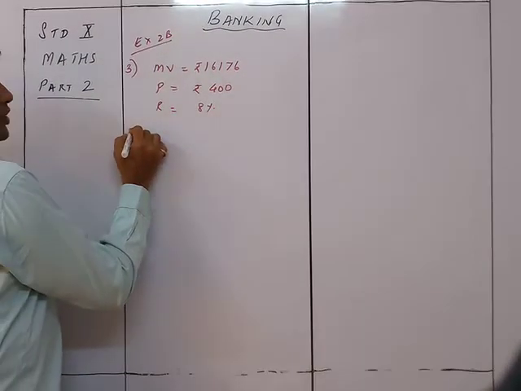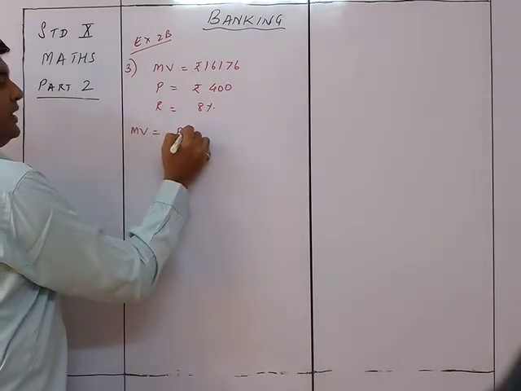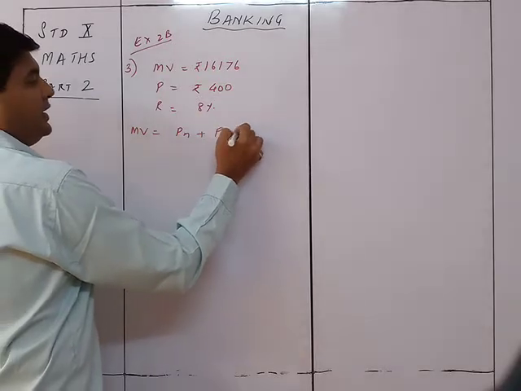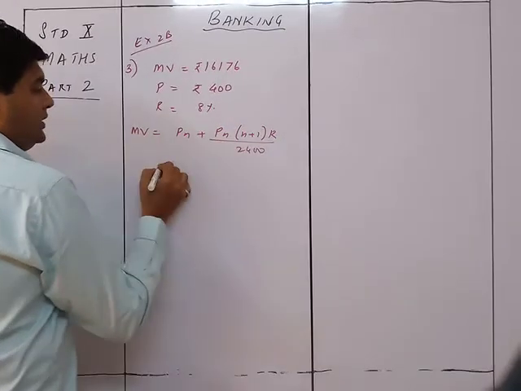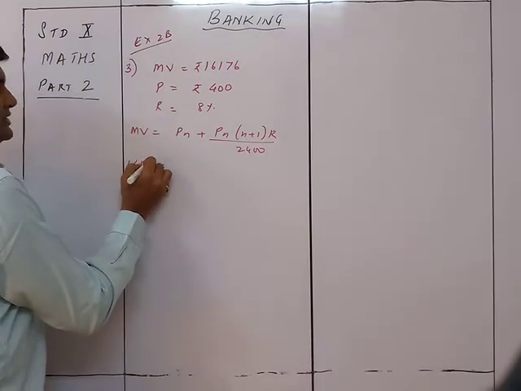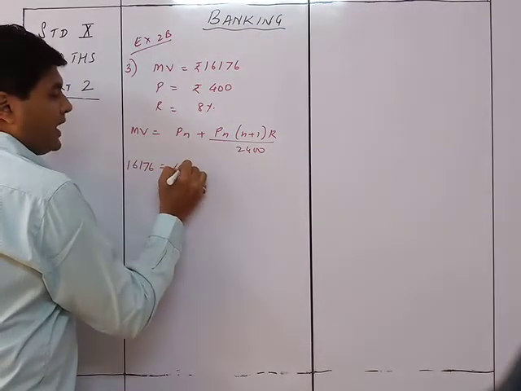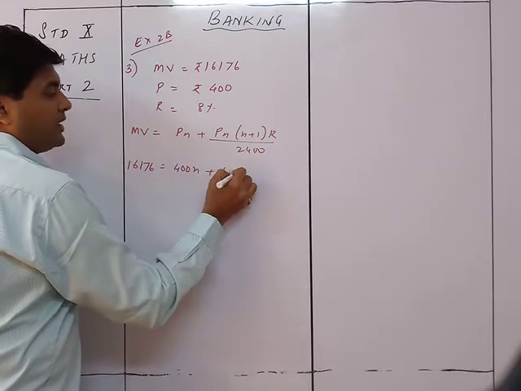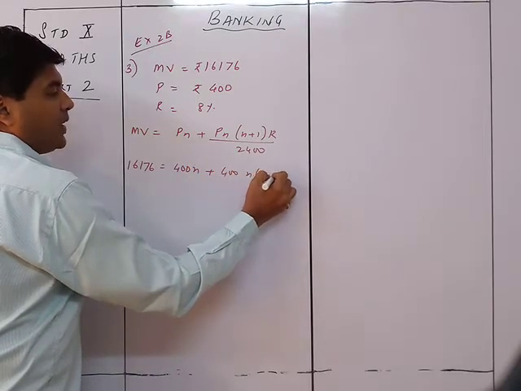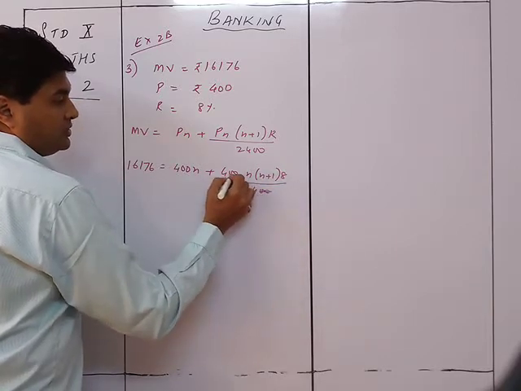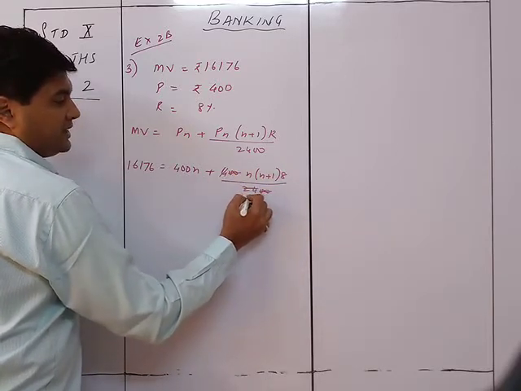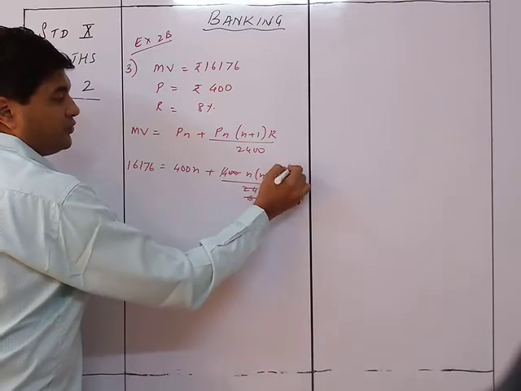Okay. We have MV is equal to PN plus PN into (N plus 1) into R upon 2400. That will be 16176 is 400N plus 400N into (N plus 1) into 8 upon 2400. So 0 cancels, 4 6, this is 3, this is 4.